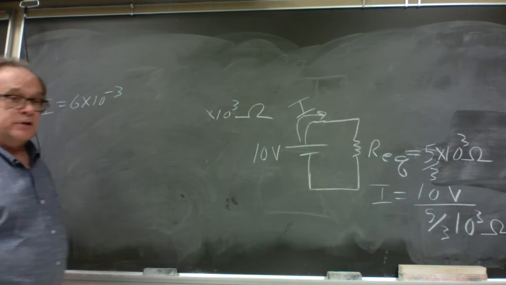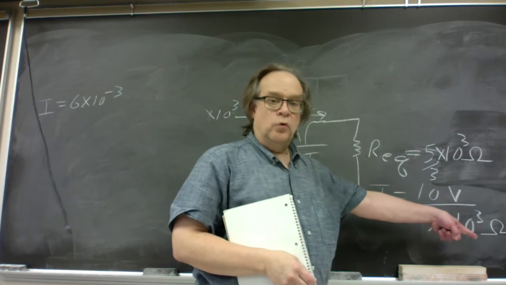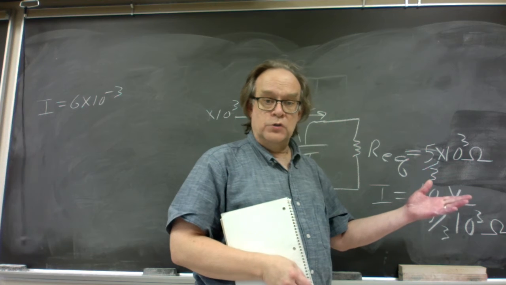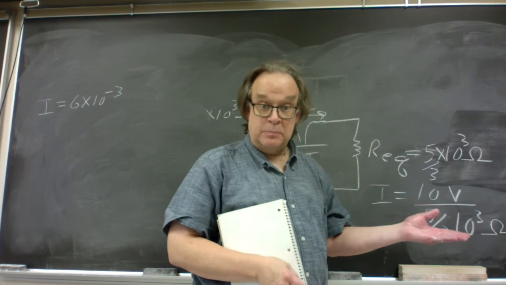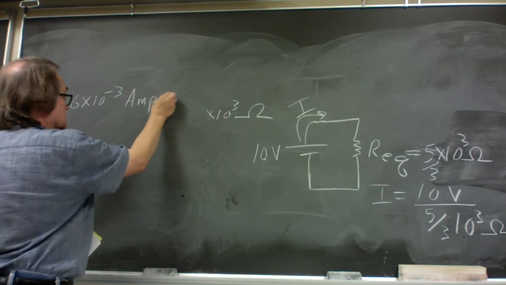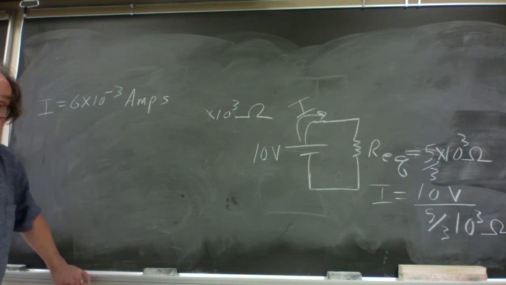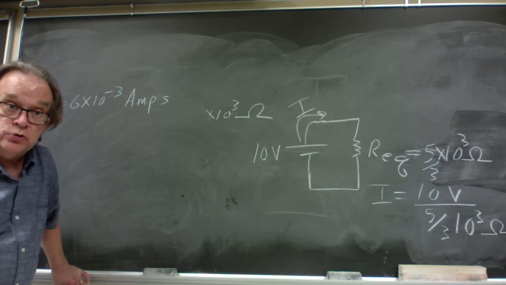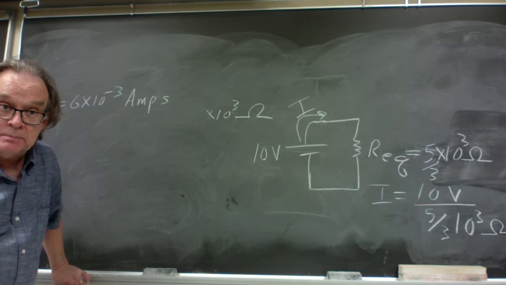It's volts over ohms, and volts over ohms always means amps. Or 6 times 10 to the minus 3 amps, or we usually say 6 milliamps.